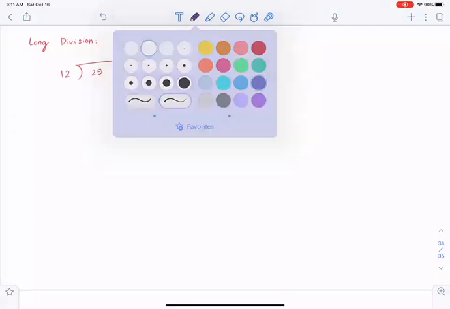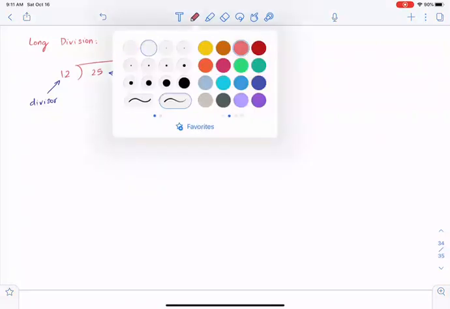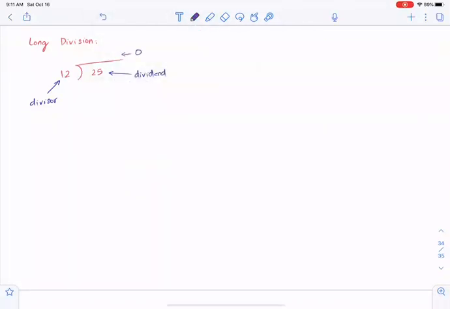And we know that that number is called the divisor. That number is called the dividend. And how do we divide? We want to find a number that we can put up here, which is the quotient part, so that I get a number less than 25, but the number must be very close to 25.